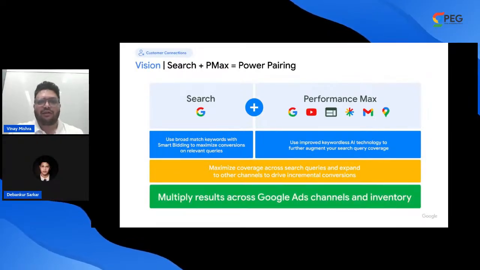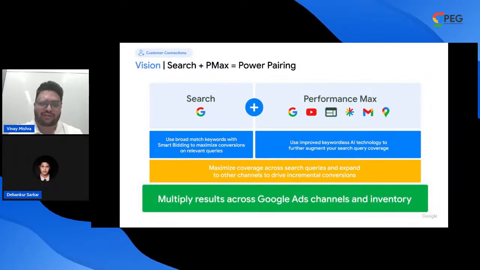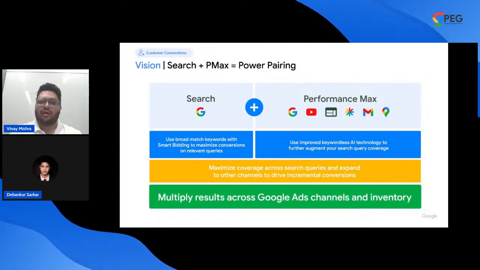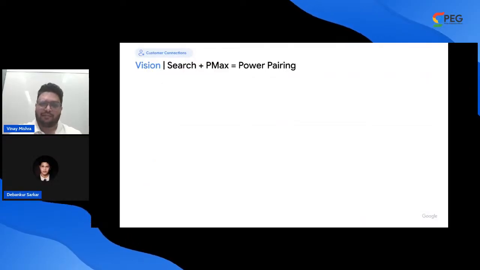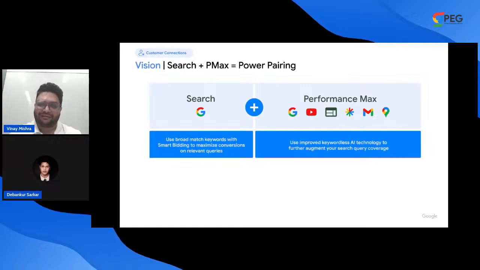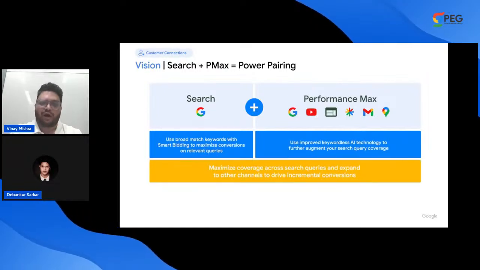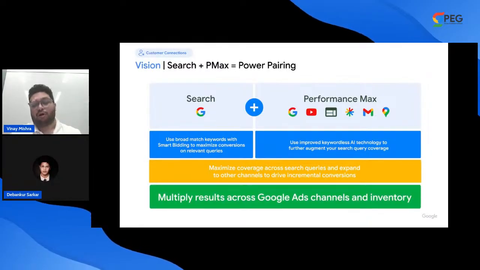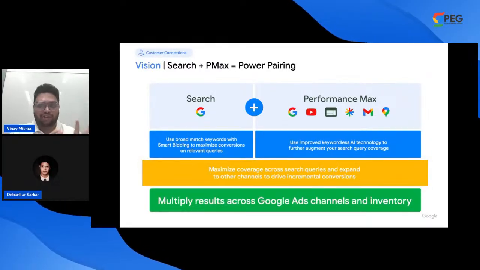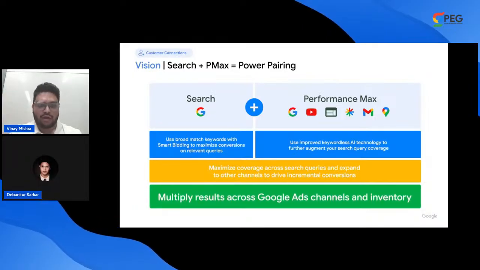Combined, the power pair offers a powerful approach to reach customers at different stages of their buying or decision-making journey, right? Search campaigns can target users who are actively searching for specific cars, while Performance Max can expand your reach and capture broader audiences, and at the same time ensure that you are able to tap into these opportunities wherever they go.